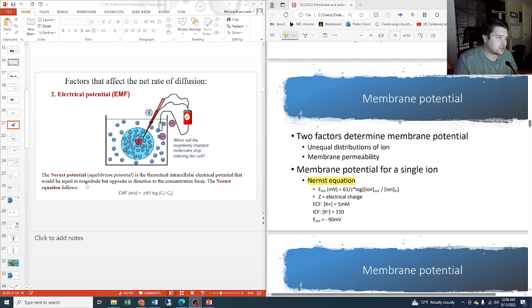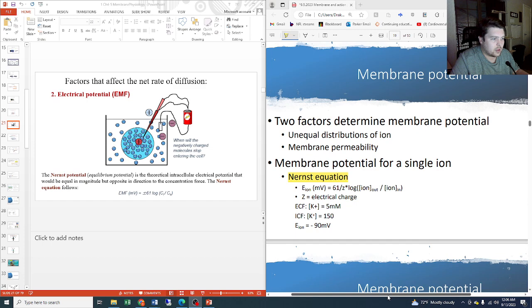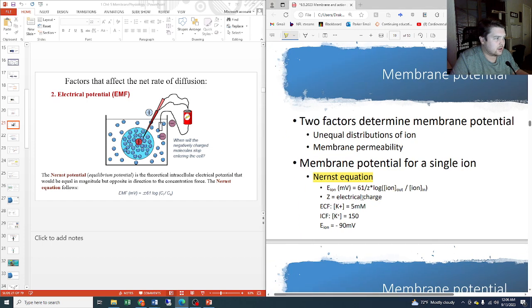The Nernst equation is as follows. We have our millivolts equals plus or minus 61 log of the ions in versus the ions out, as we can see over here. He has it written a little bit differently, but it's still the same exact equation.